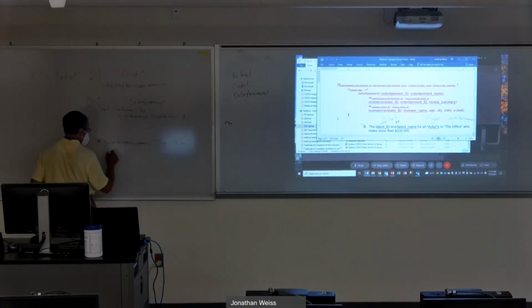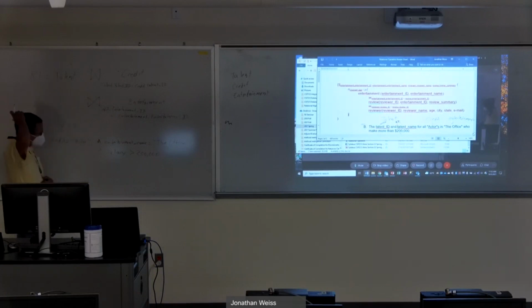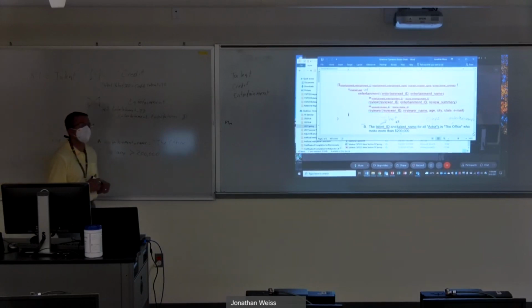But we'll just write salary because salary is unique. Greater than 200,000. But that's credit because there's only one relation that has an attribute named credit.